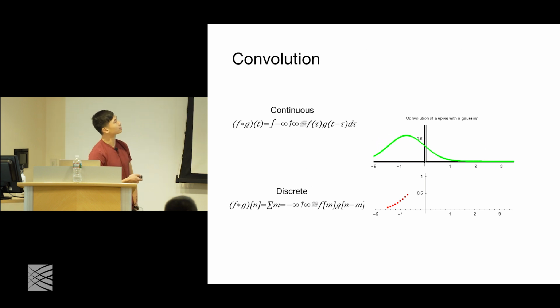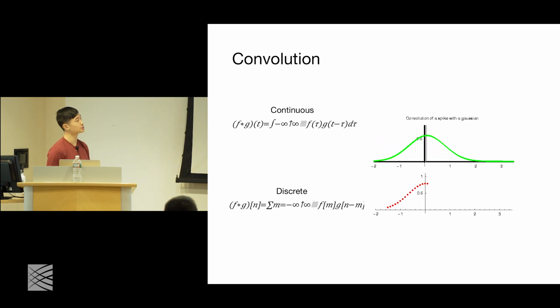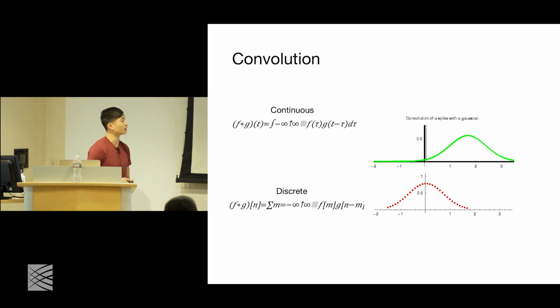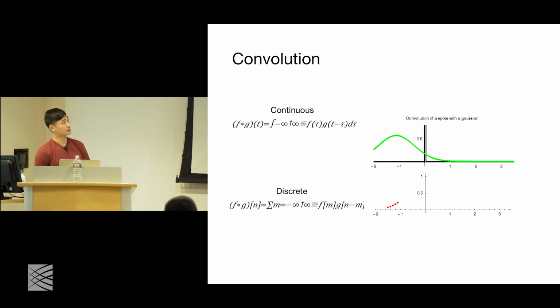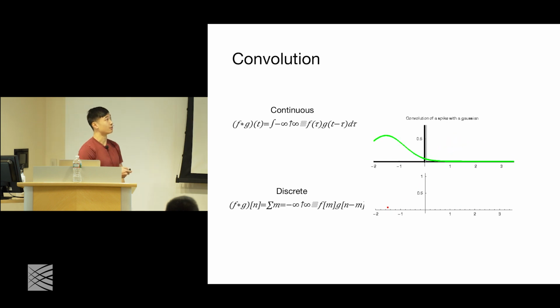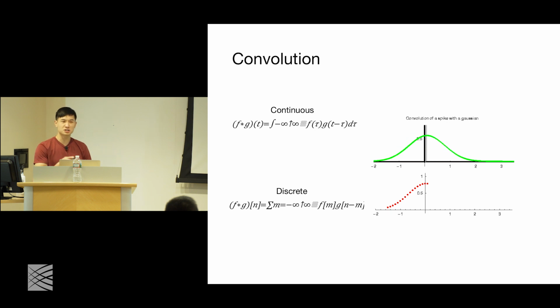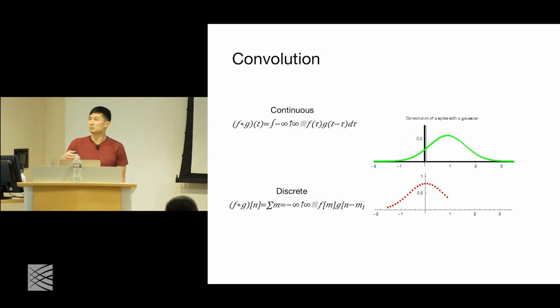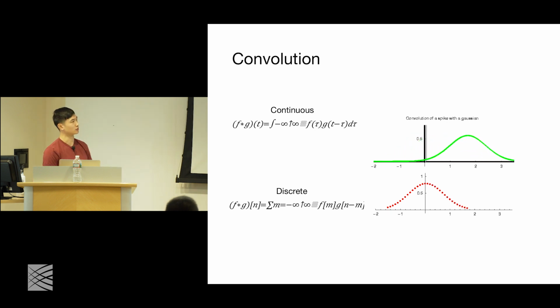So just a brief introduction to what the convolution is. It's an operation between two functions, and essentially f is what we conceptualize as an underlying signal, and it is convolved by some transfer function g that describes some type of distortion on the signal.